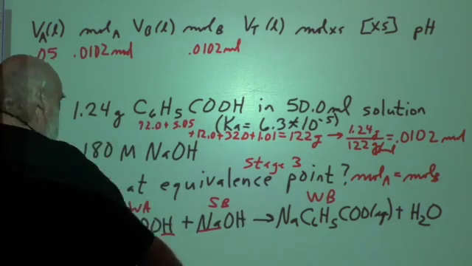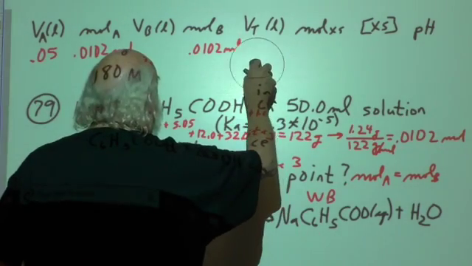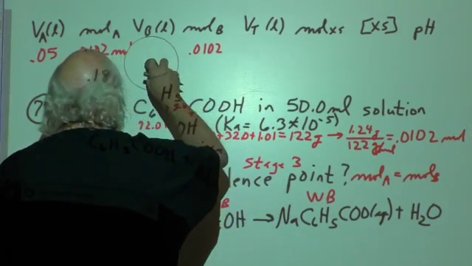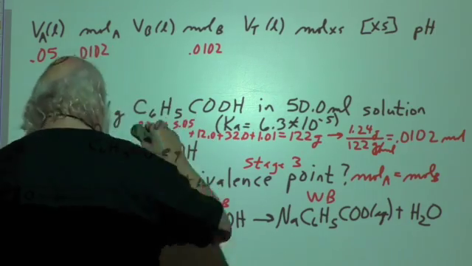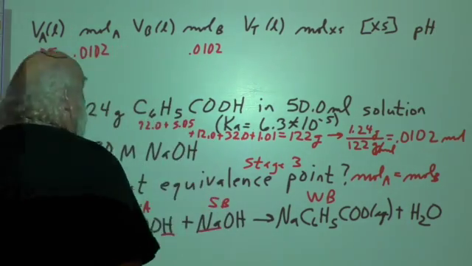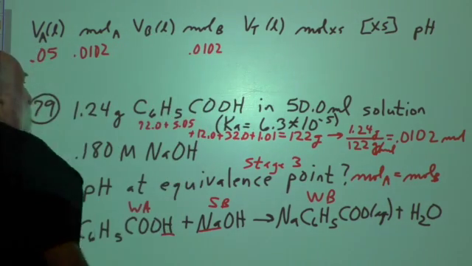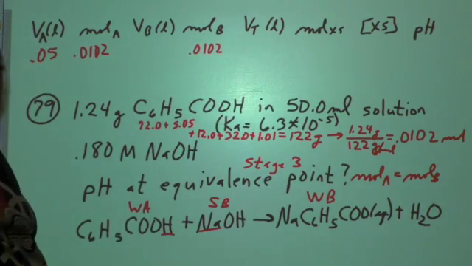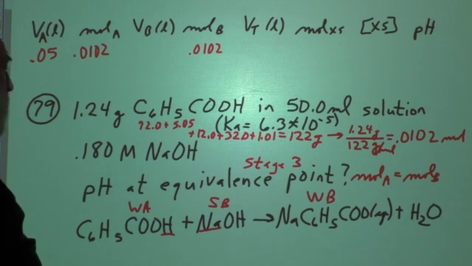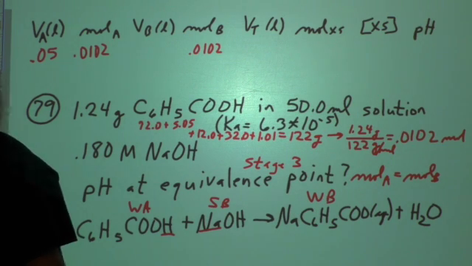I didn't have to put the moles in, I'll take that out, because that's just going to cramp me for room here. In order to do the rest, I got to know the total volume, so I need to find the volume of the base. So, how do I do that?